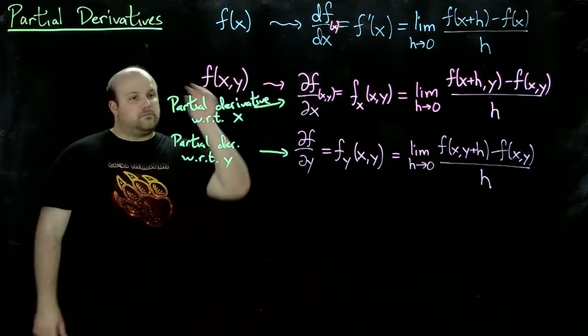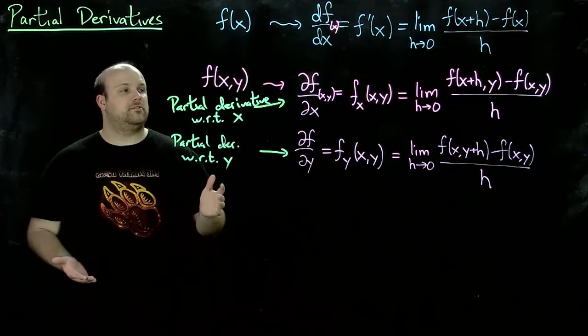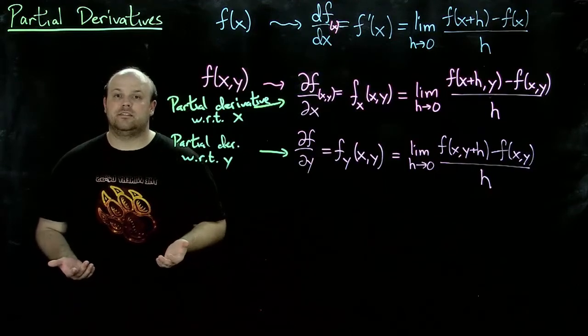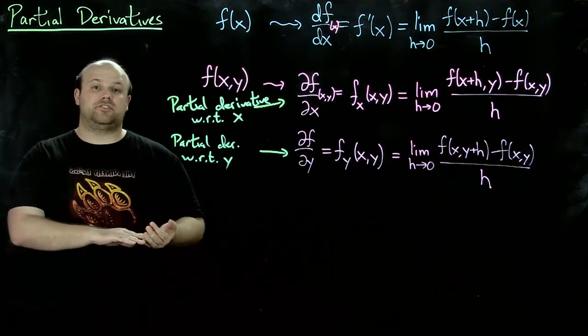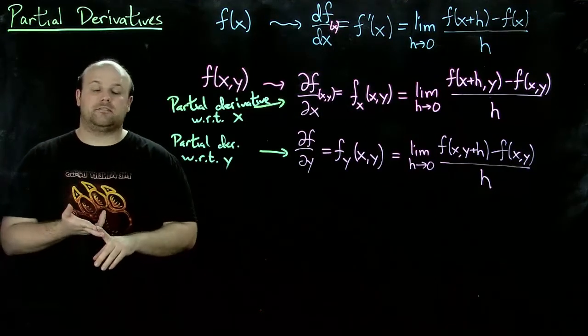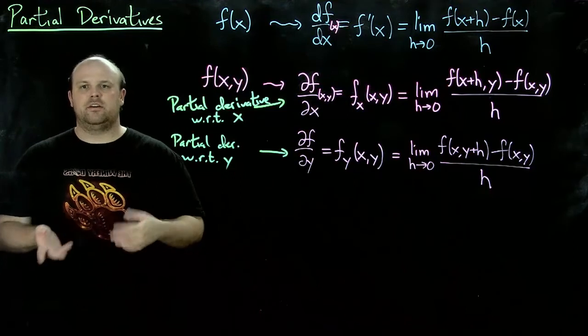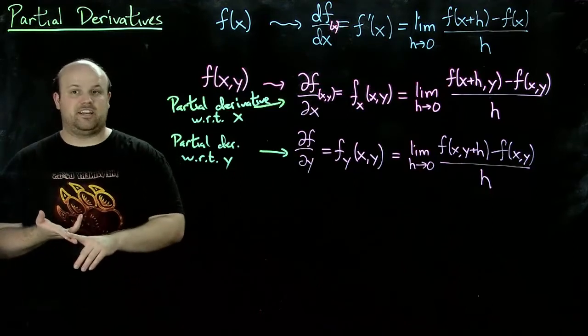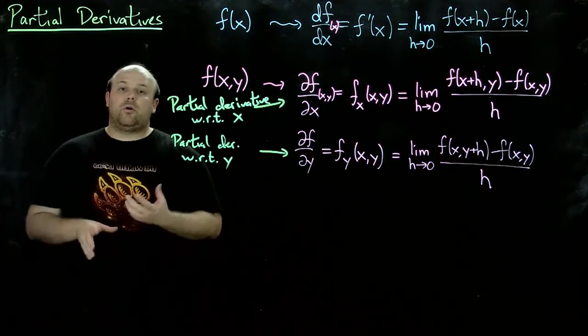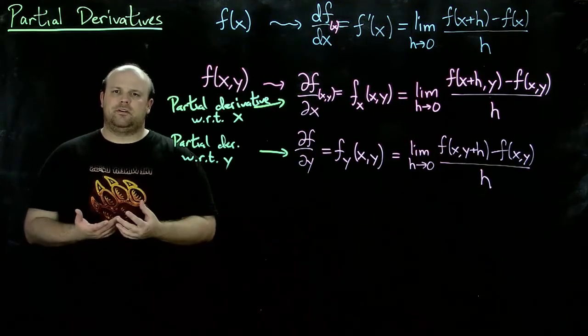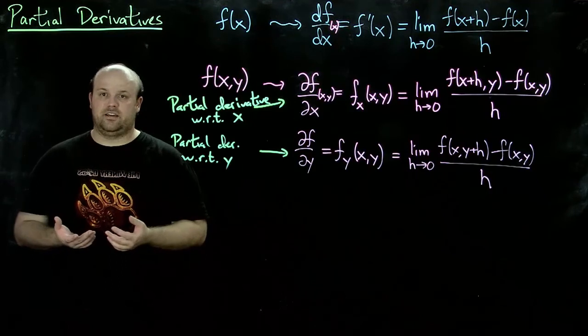Right? So what do these numbers represent? Well, we can say it's the rate of change of this function in the x direction, in the y direction, or the z direction, or if you like, in the i direction, the j direction, and the k direction, respectively. Or you can also think of it as the slope of a certain tangent line.